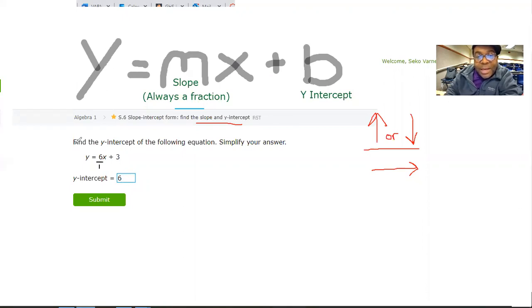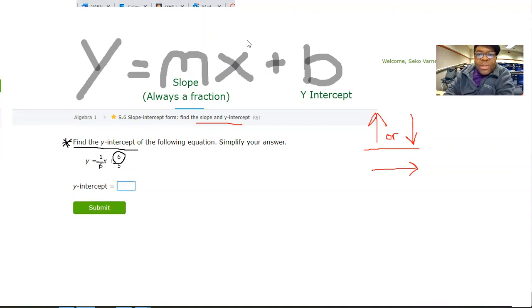I made a mistake. I wasn't paying attention. Maybe some of you caught my mistake. It said find the y-intercept. It didn't ask for the slope. Here is the y-intercept in this equation. If you would have answered 6, like I almost did, you would have been wrong. The correct answer is 3.